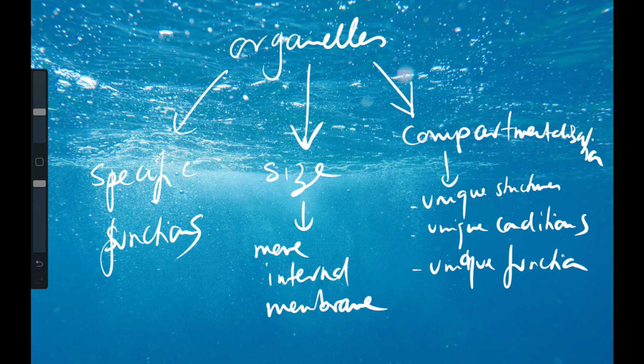If we understand those things, then the factual knowledge makes more sense. If we understand how the nucleus, the rough endoplasmic reticulum, and the Golgi apparatus all work together, then it's easier for us to understand or remember their individual roles.